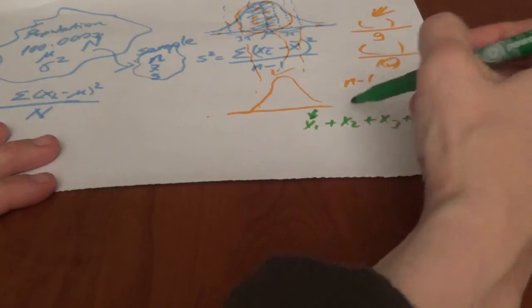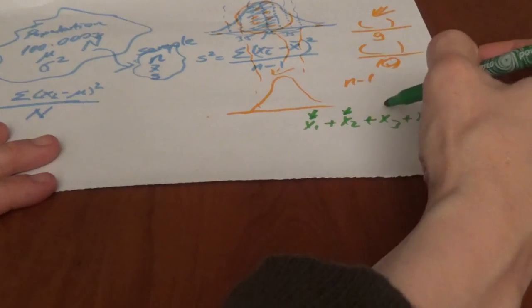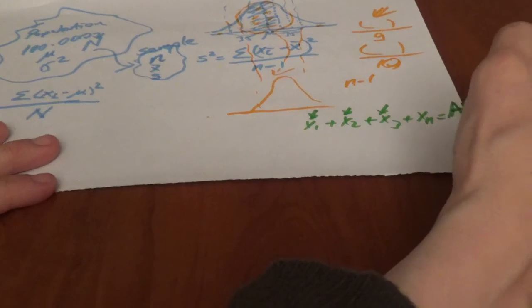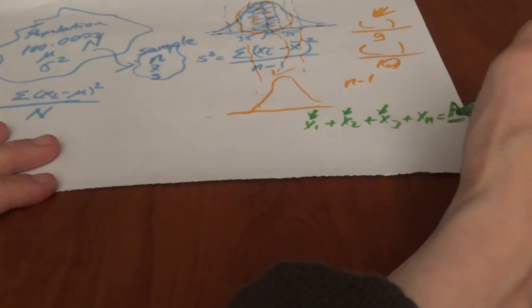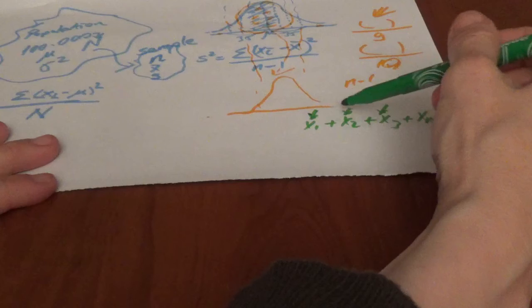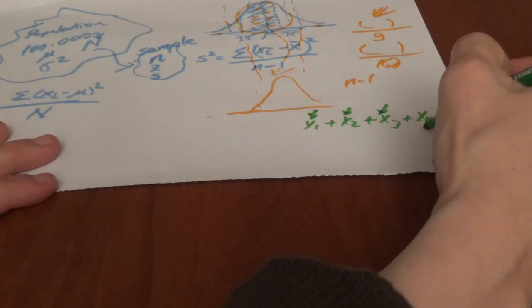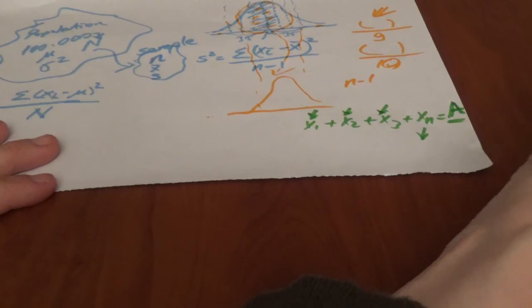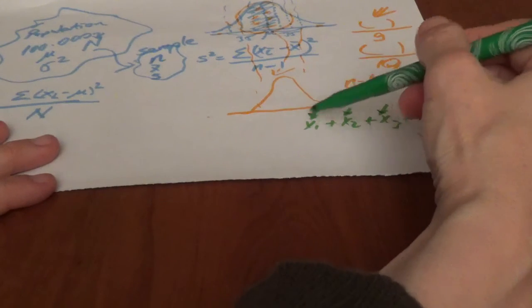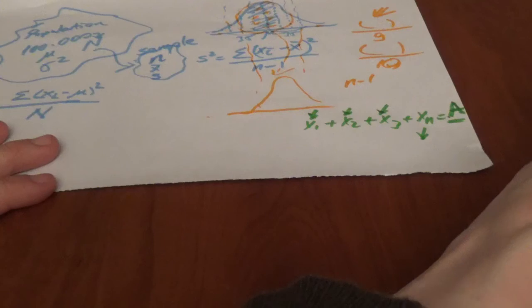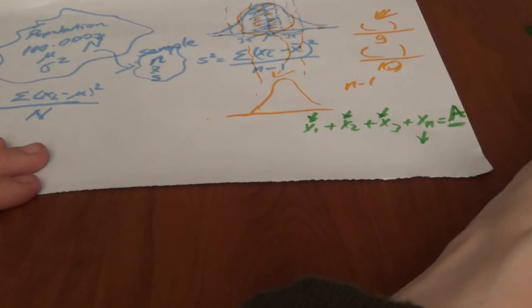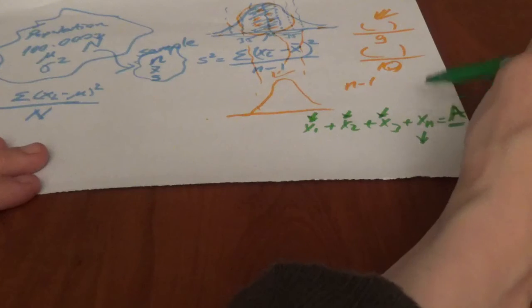Any number. For x2, any number. For x3, any number. Since the total is known, which is a, if you determine these three, the last is not free to take any value other than a minus x1, x2, x3, which means that the degrees of freedom is n minus 1.